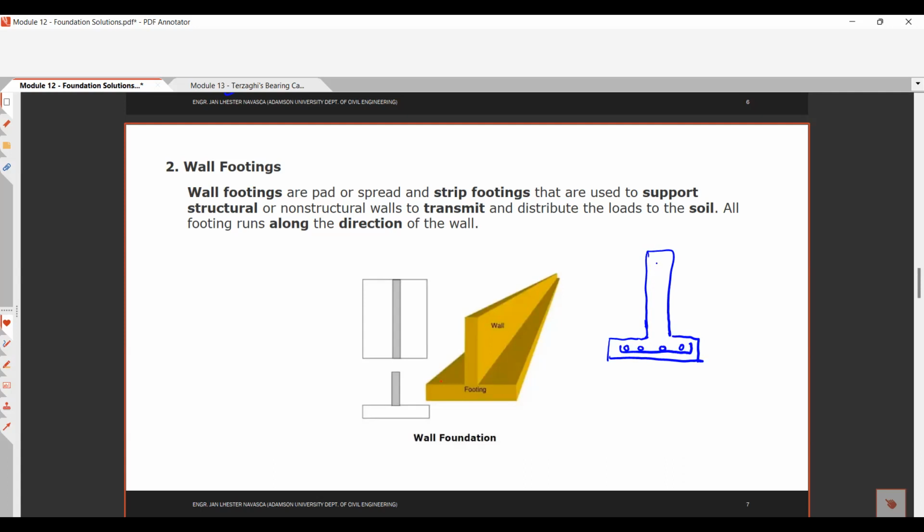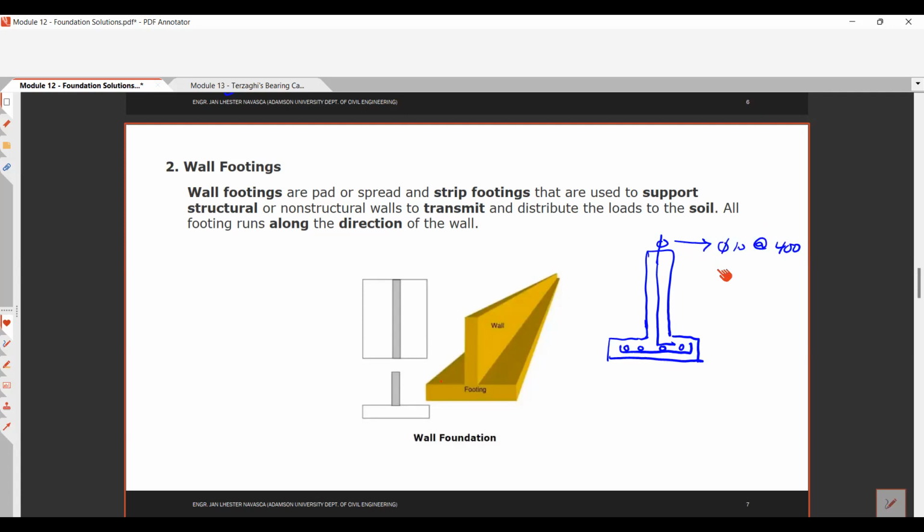Then you have your dowel bars. Mag-insert ka ng dowel bars. This is for your CHB. So typical niyan for a CHB, a typical vertical reinforcement for vertical dowel bars is diameter 10 at 400. Okay, diameter 10 at 400.